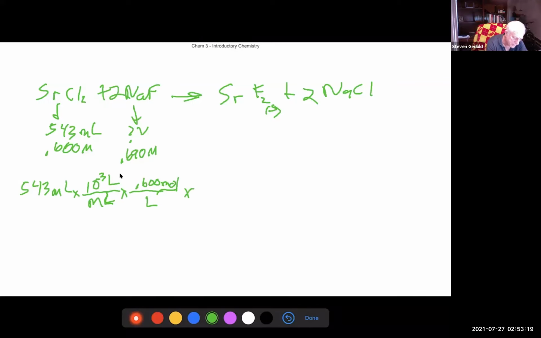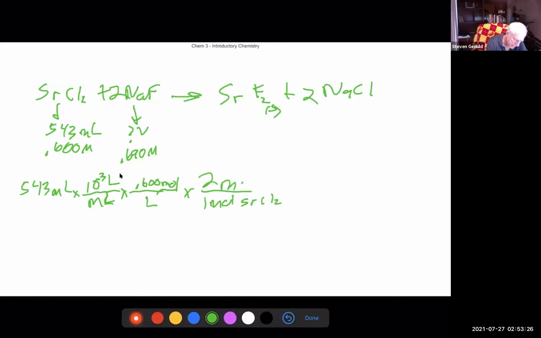Now, 1 mole of strontium chloride is 2 moles of sodium fluoride. Now you know moles of sodium fluoride. It's a 0.69 molar solution, so you have 0.690 moles per liter, and that will give you the volume.